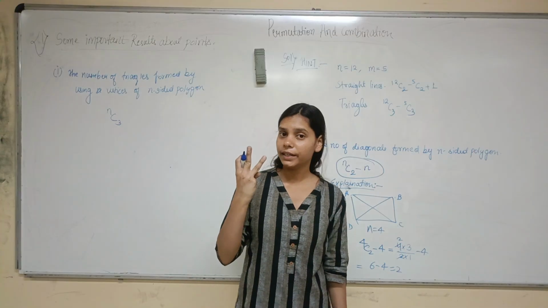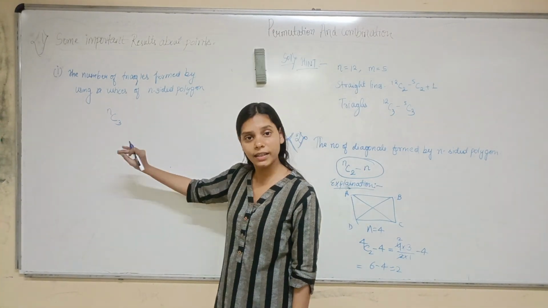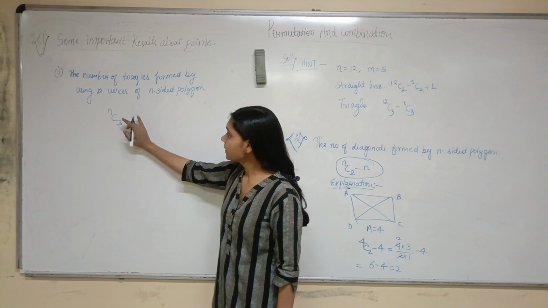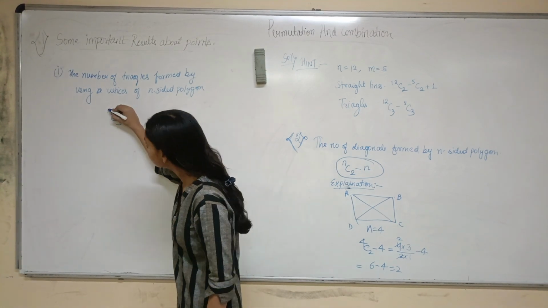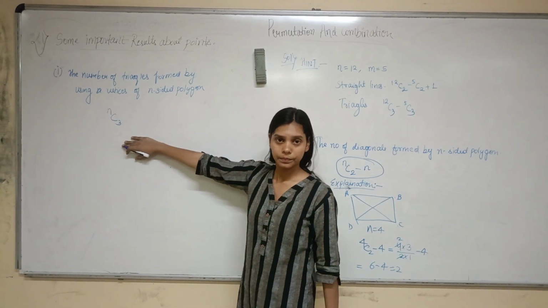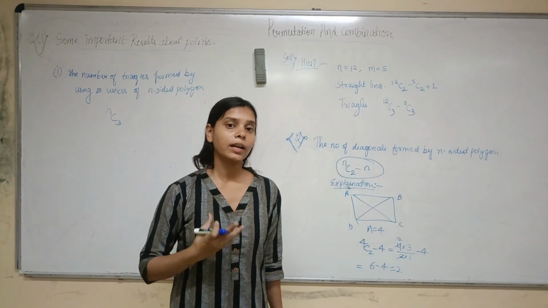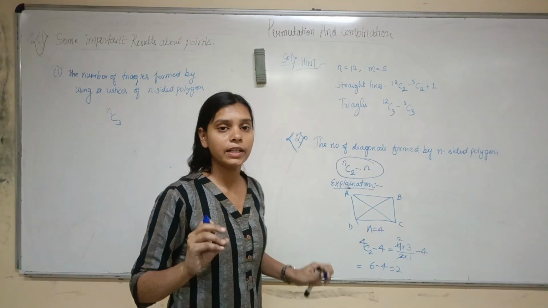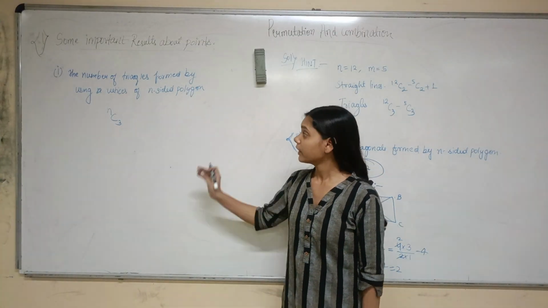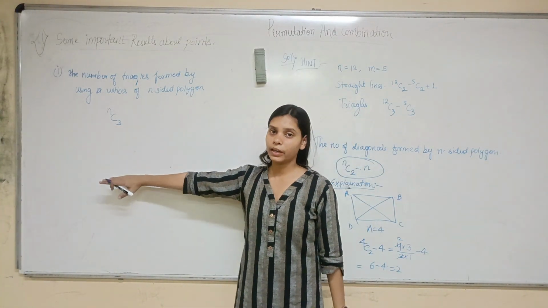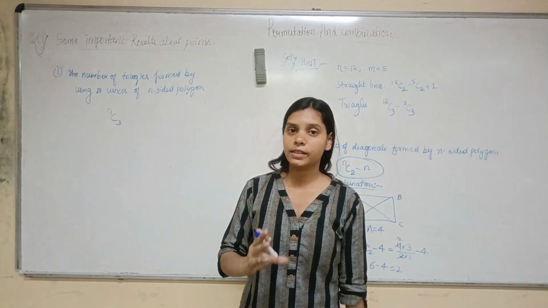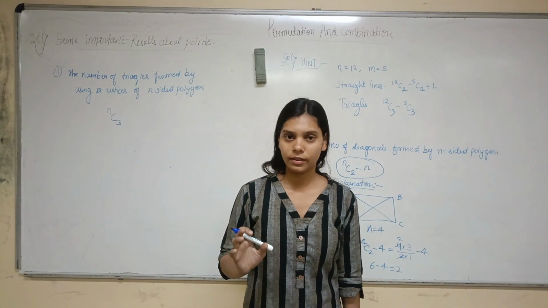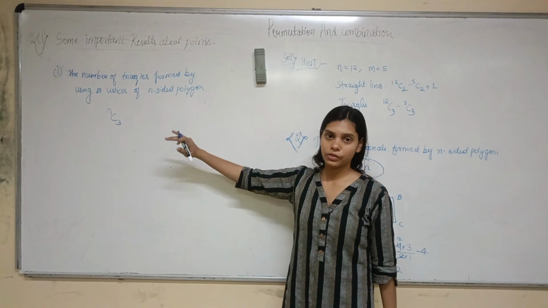Only 3 points. That's why we take nC3. So if you get such questions in your JEE Mains examination, you can directly put the value of n here and get the result within 2 or 3 seconds. This is the beauty of this formula.